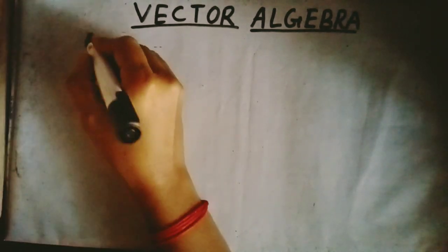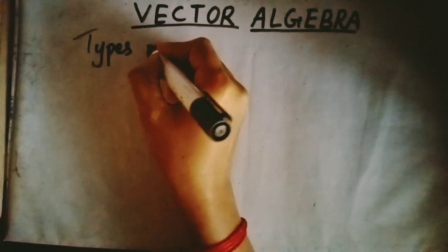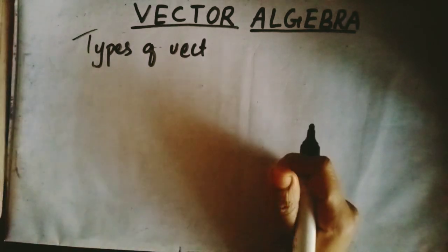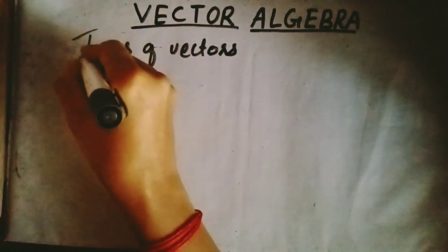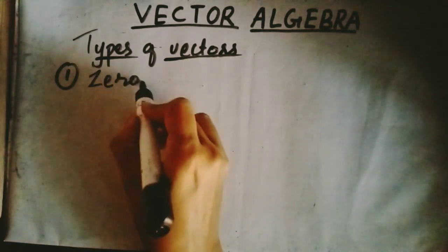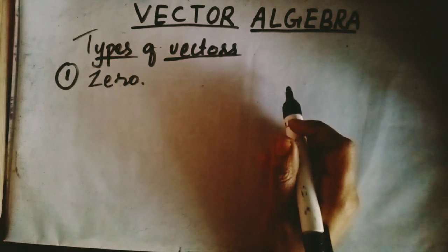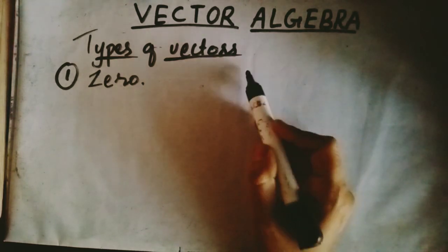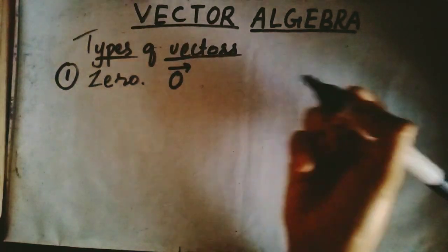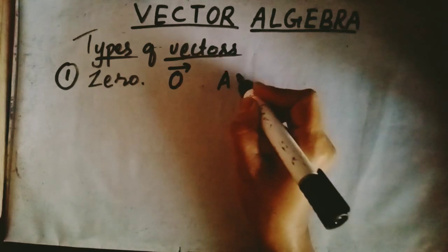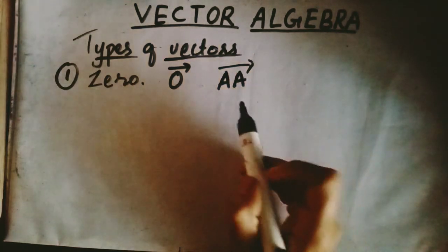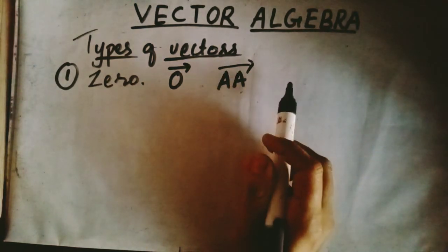Let's write types of vectors. The first one is your zero vector, whose initial and terminal points coincide, that is there is no length, so it becomes a zero vector and it is denoted by O. Its initial and terminal points coincide, so this is your zero vector.